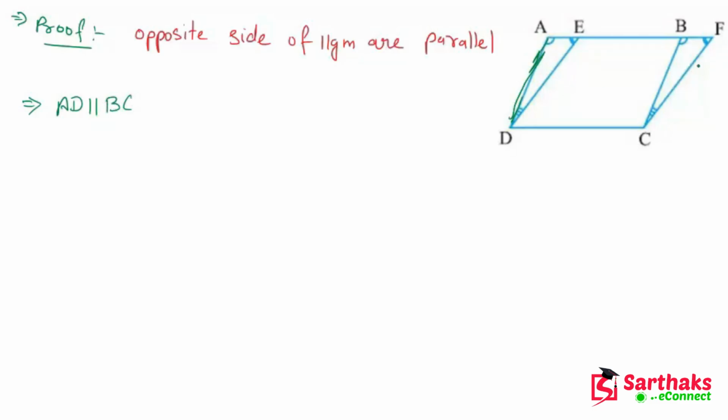AD is parallel to BC because these are the opposite sides of parallelogram ABCD, with transversal AB. Here you can see this is the transversal AB. I hope you get this point.